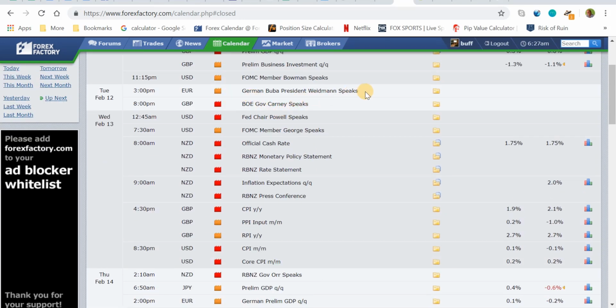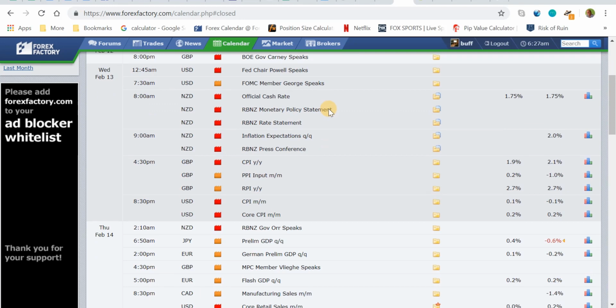Tuesday, all the talking heads. There's 4 in a row there. Just be careful, especially when Fed Chair Powell speaks and Bank of England's Carney speaks. They can move markets. And on Wednesday, we've got the interest rate news in New Zealand. Not expecting any change, but you never know what happens when they talk.